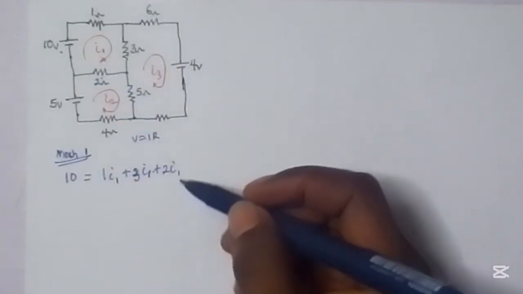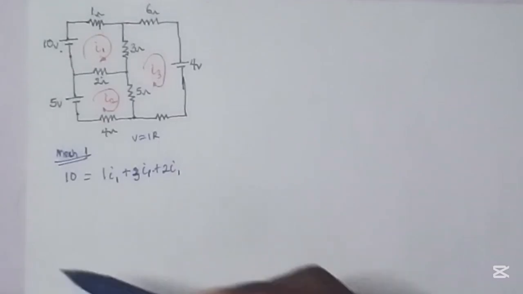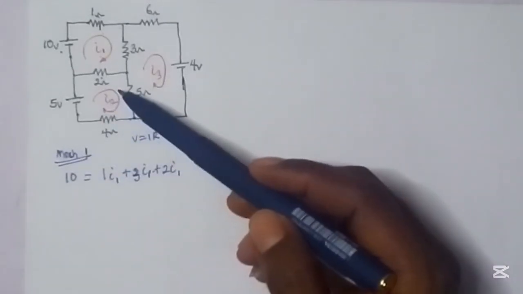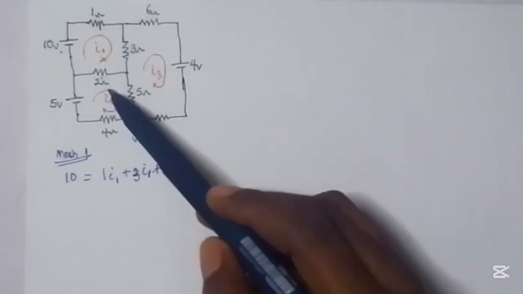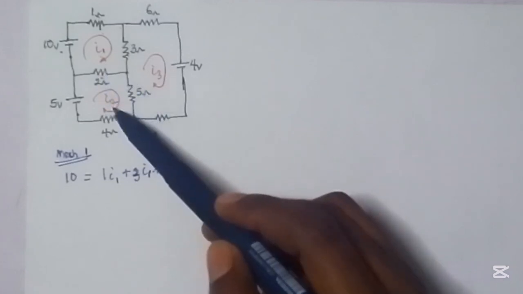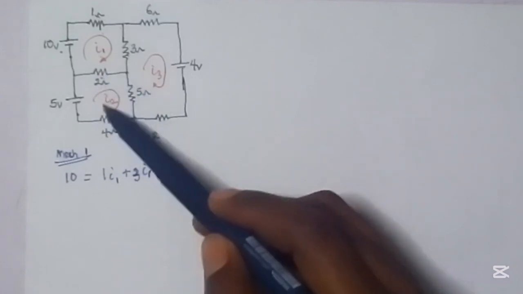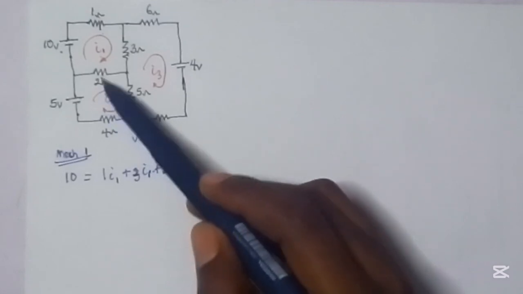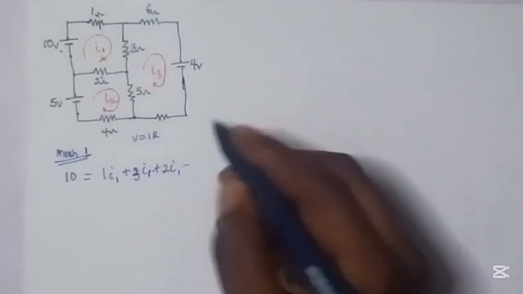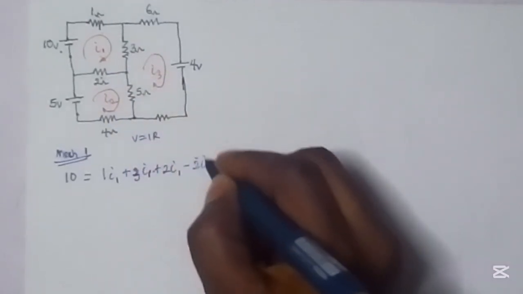But we also have to take note because this algebraic sum of voltages gives us 0. We also see that what this 2 ohm resistor is taking is also influenced by the current flowing in mesh 2. So we have to consider that, so we subtract it from the equation. So it is 2 I2.